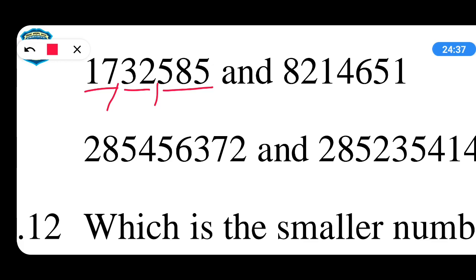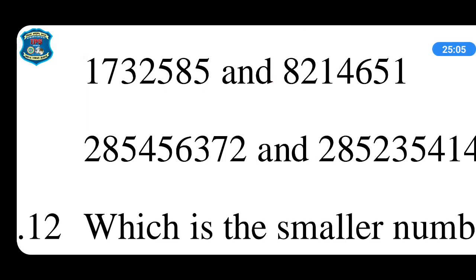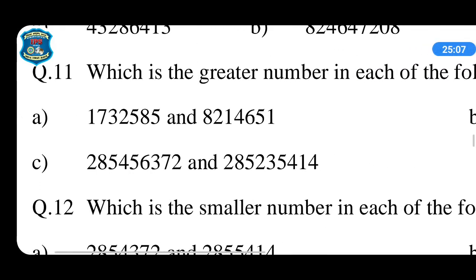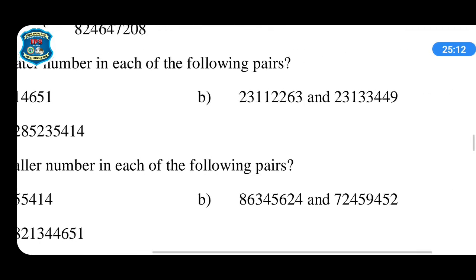Now put comma in the second number. It is 82 lakh 14,651. Now which is greater? 82 lakh is greater. It is 17 lakh. It is smaller. So you have to write the greater number, which is greater. Got it? First you have to put comma, you have to read the numeral carefully, then you have to compare.